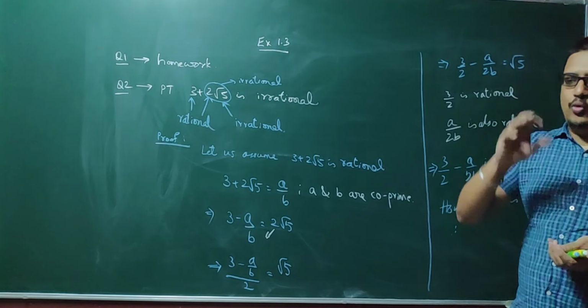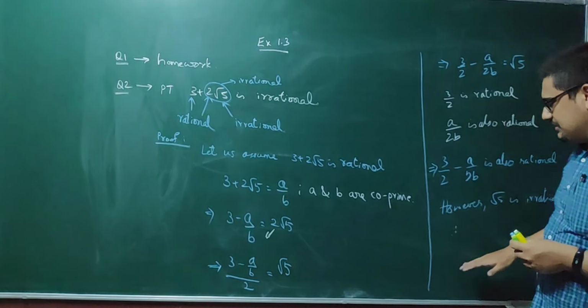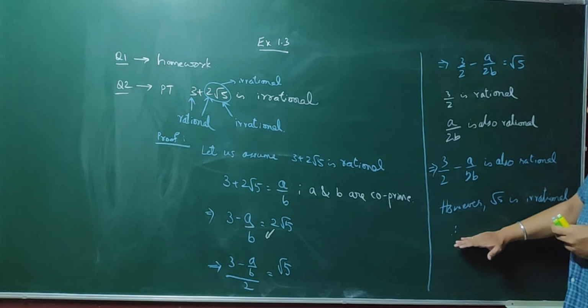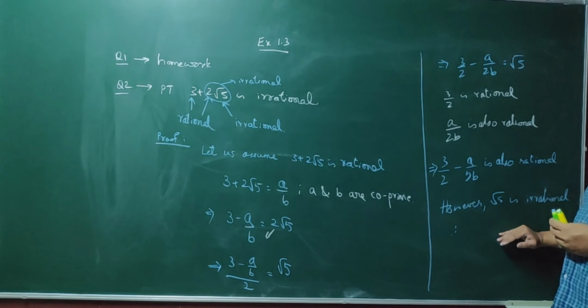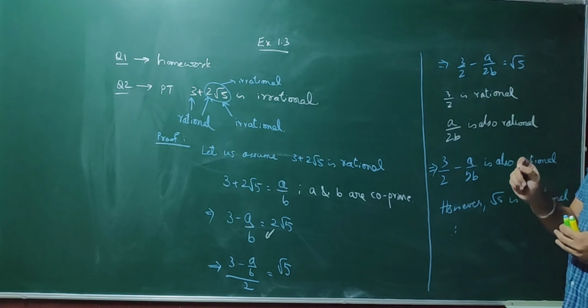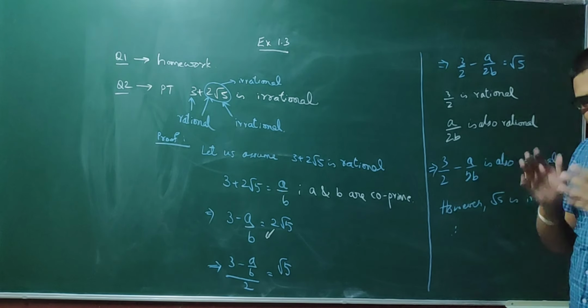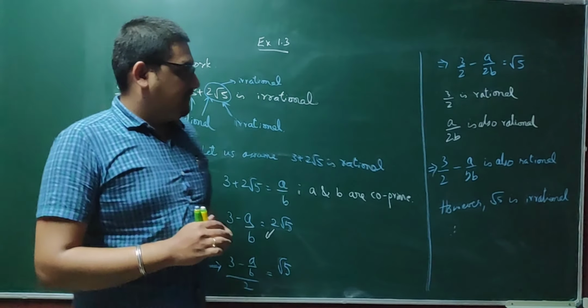So students, you must write down this statement. Writing down this statement is extremely important. That is the conclusion. Therefore it contradicts the initial assumption that 3 plus 2 root 5 is rational. Hence, the given number 3 plus 2 root 5 is irrational. This must be written as the closing statement. Okay, fine. Please note this down.